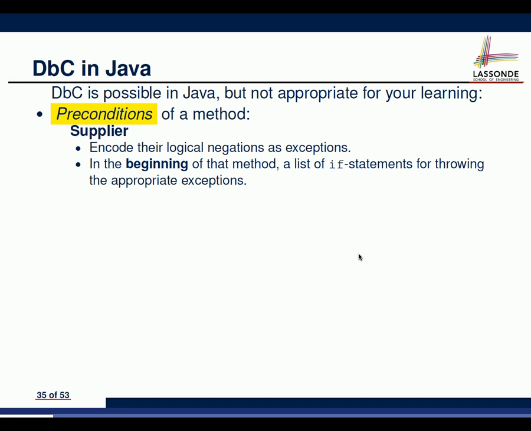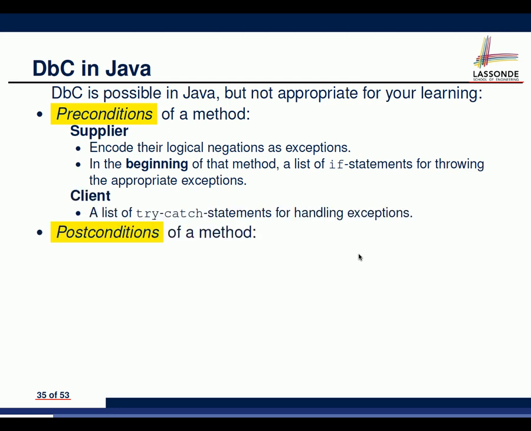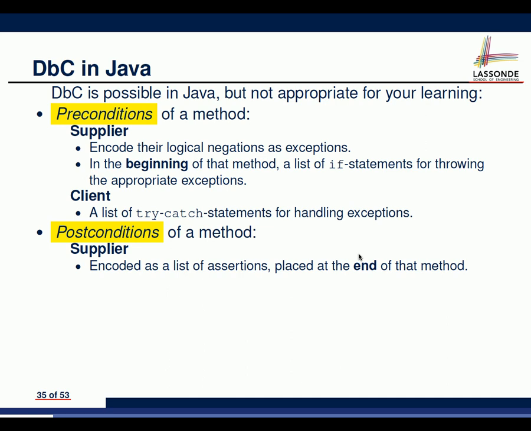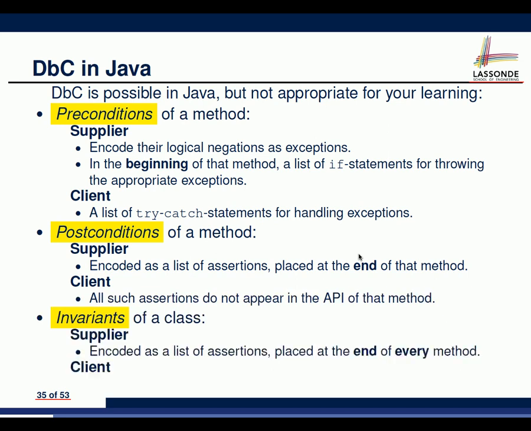It complicates the client's code. For the postcondition, we are putting that as an assertion at the end of the method. However, remember the disadvantage. Because a postcondition is supposed to compare the old and new value, for the old value you have to cache them, store them explicitly and manually yourself. Not very convenient. Also, assertions are not part of the API, so the client has no clue what the postcondition is. And similarly for invariants. That's all about DbC in Java.